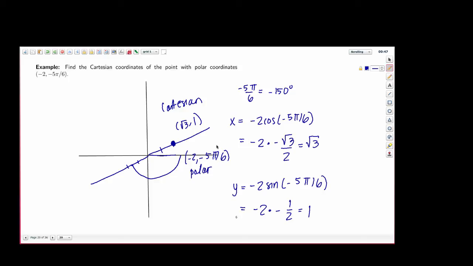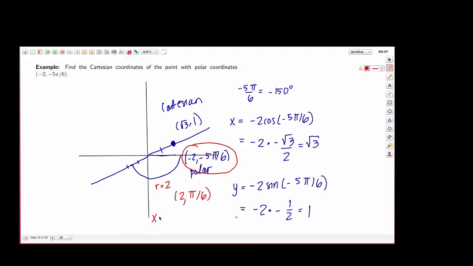Now, just as an exercise, how would you have written (-2, -5 pi over 6) using a positive radius? If instead of going -2, I want r to be plus 2, I need to be on this positive angle. This positive angle is just pi over 6, or 30 degrees, so (2, pi over 6).